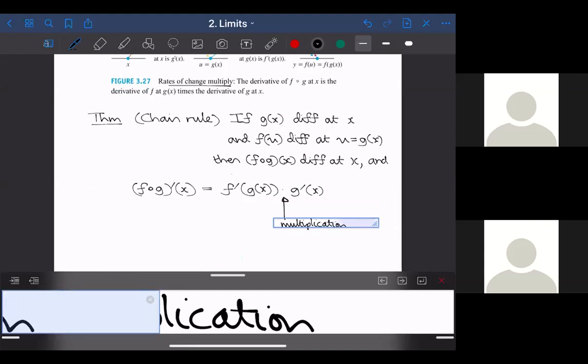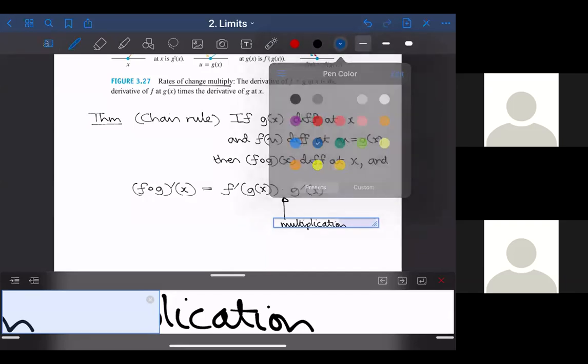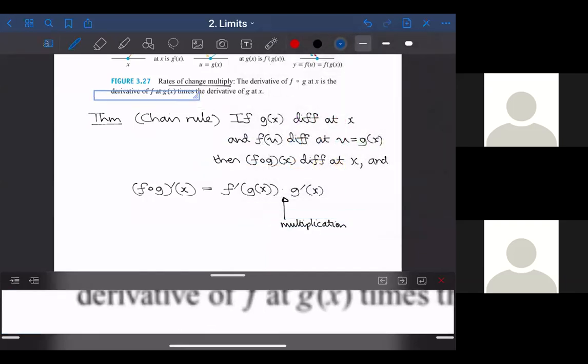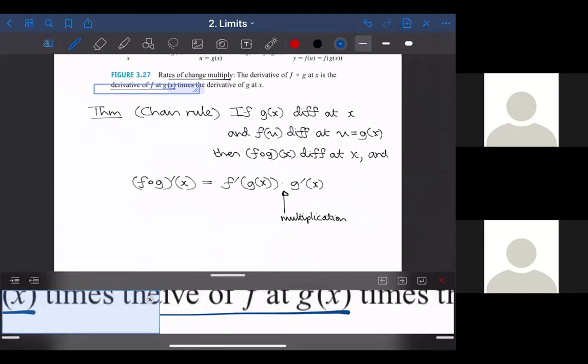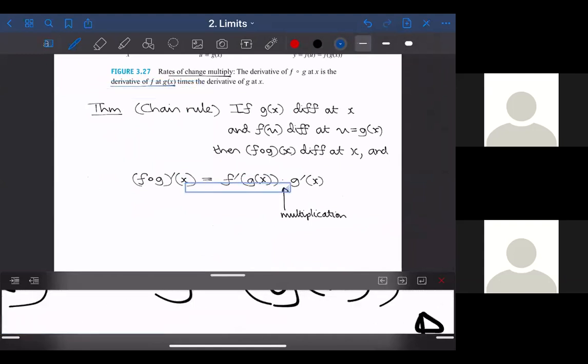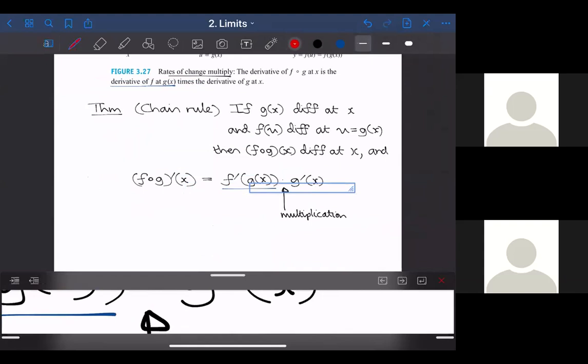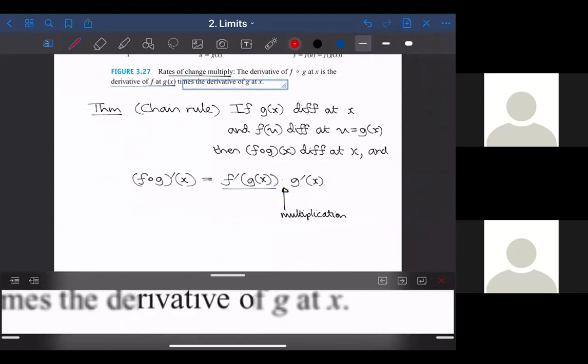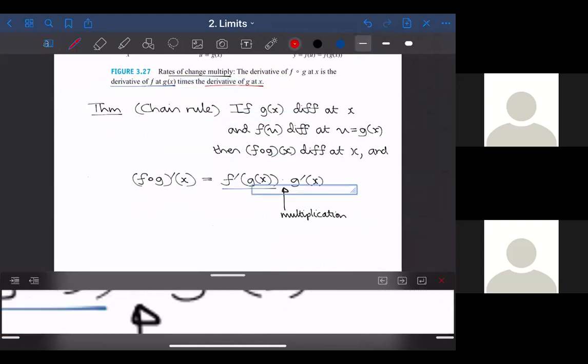And we have two pieces to this formula. So first, the derivative of f at g of x. That's the first part. And the derivative of g at x. That's the second part. And we multiply them together.